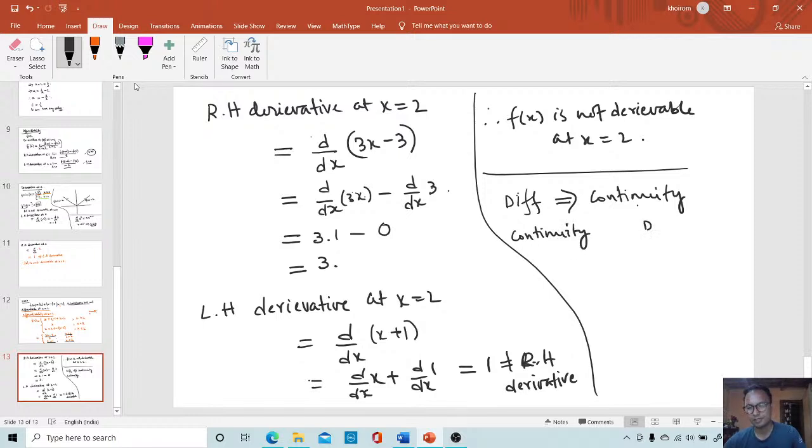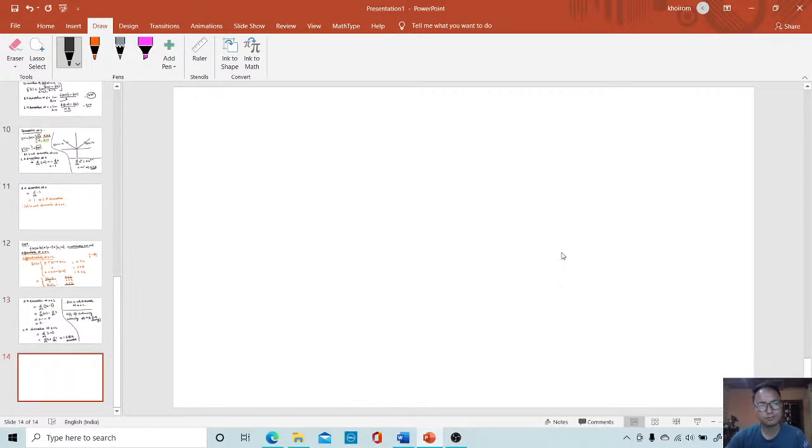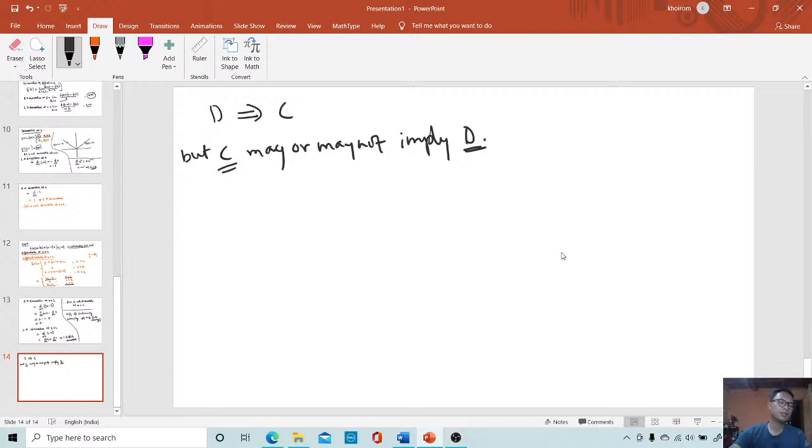Continuity does not always imply differentiable. Differentiability implies continuity, but continuity may or may not imply derivability. A function being continuous does not mean it is differentiable. It's like this.